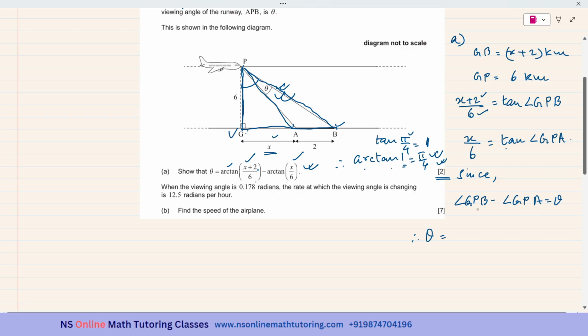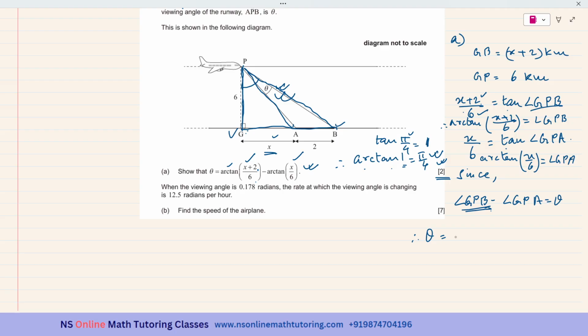therefore theta will be equal to what? How do I write angle GPB? Angle GPB will be equal to arctan of (x plus 2) over 6. Therefore arctan of (x plus 2) over 6 is equal to angle GPB, and arctan of x over 6 is equal to angle GPA.